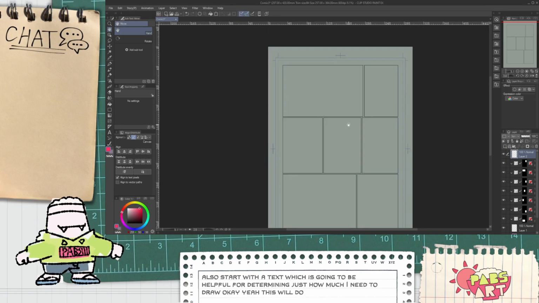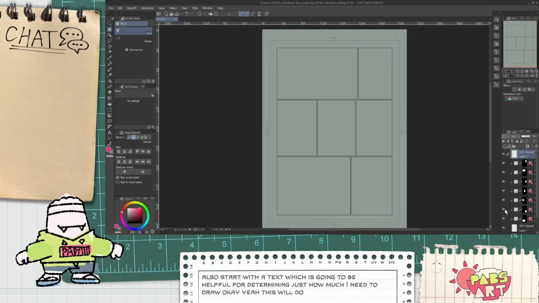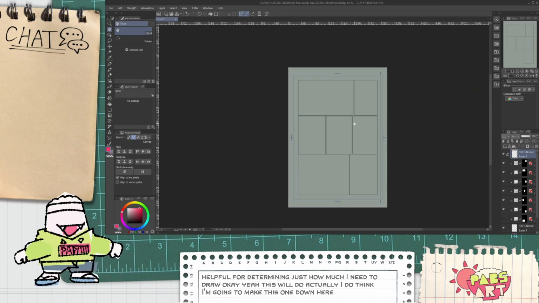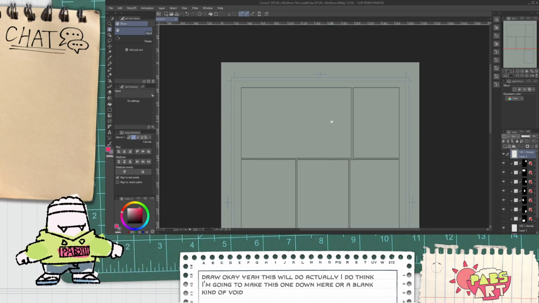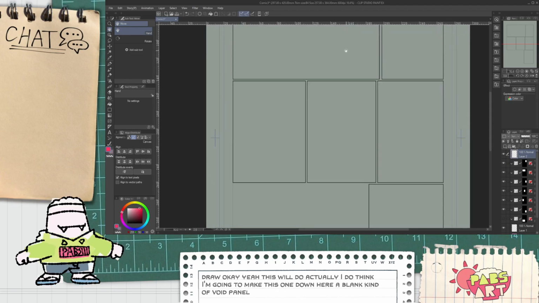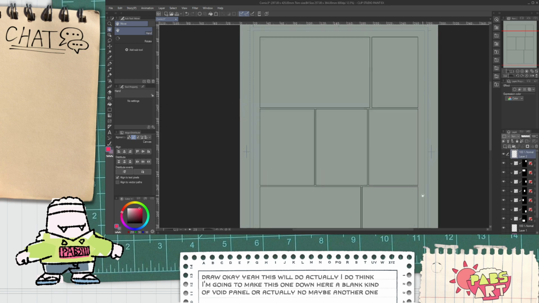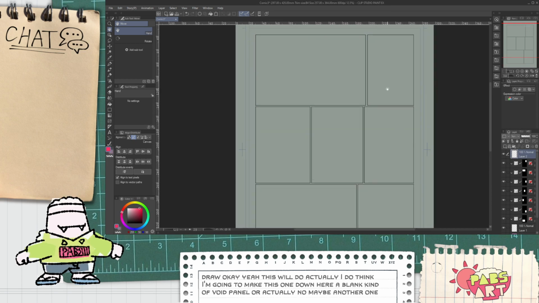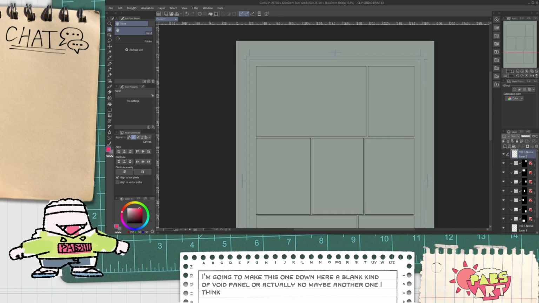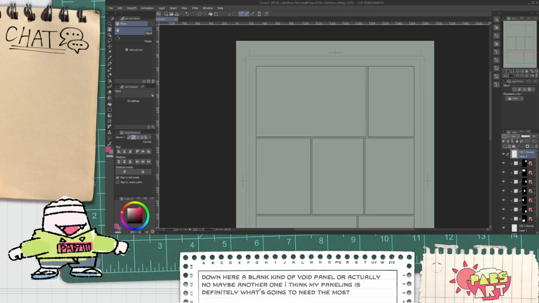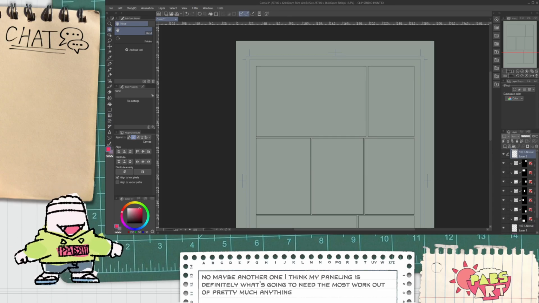Yeah, this'll do. Actually, I do think I'm going to make this one down here a blank, void panel. Or actually, no, maybe another one. I think my paneling is definitely what's going to need the most work out of pretty much anything.